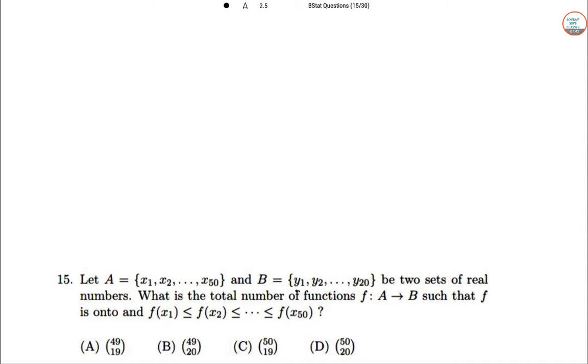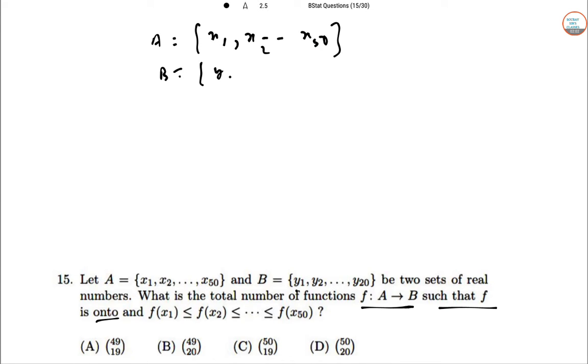What is the total number of functions f from A to B that are increasing and onto? To define the increasing mapping f, let A equal x1, x2, dot dot dot x50 and B equal y1, y2, dot dot dot y20.